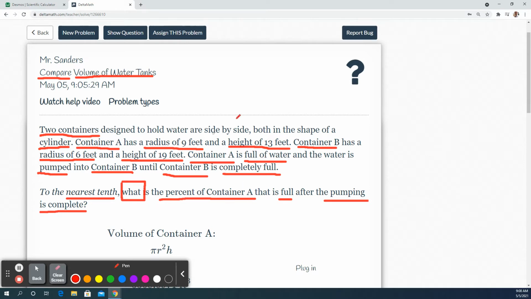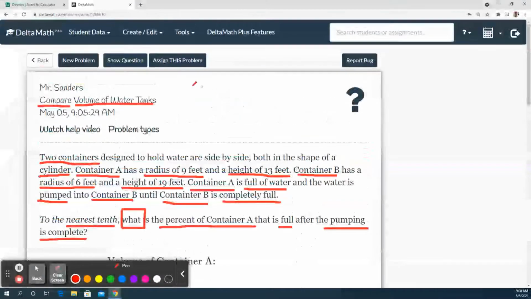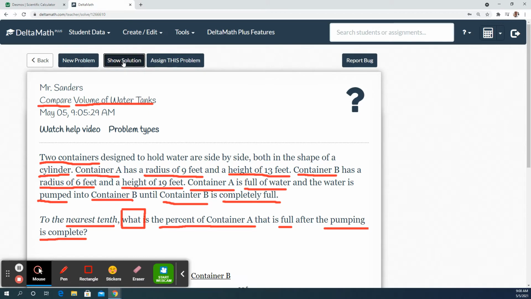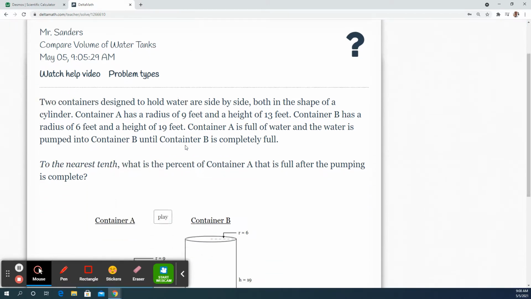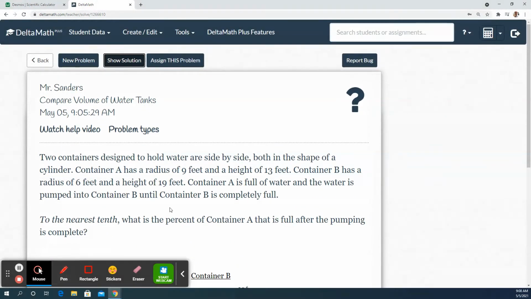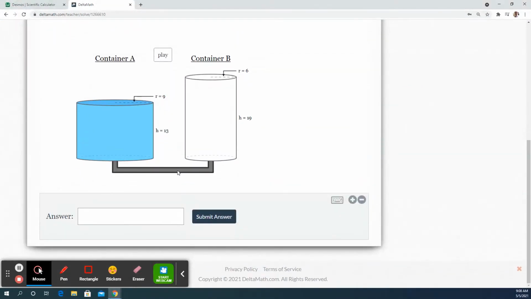Okay, so let's see what we got here. We want to show the question. All right. Here's a little demonstration of what it is.